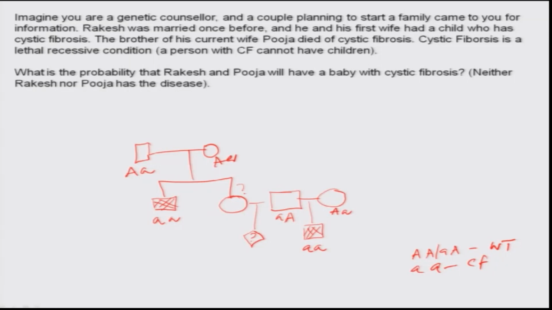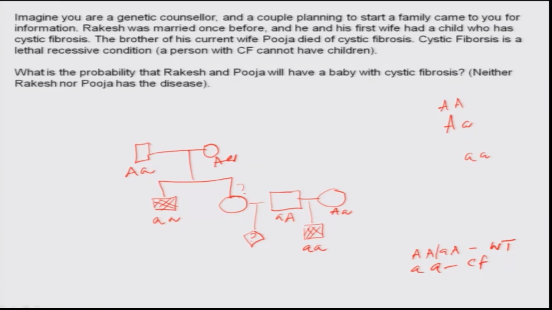She is normal, wild type. Therefore, she cannot be a genotype which is homozygous for the mutant allele. She has to be either heterozygous or homozygous for the wild type. So, how do you know which of these two is possible?